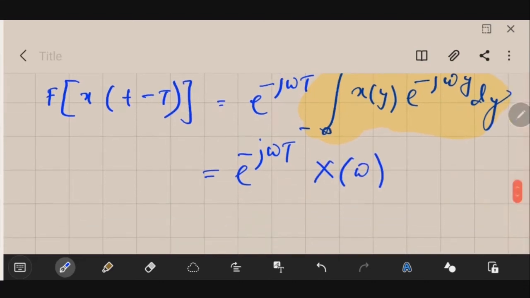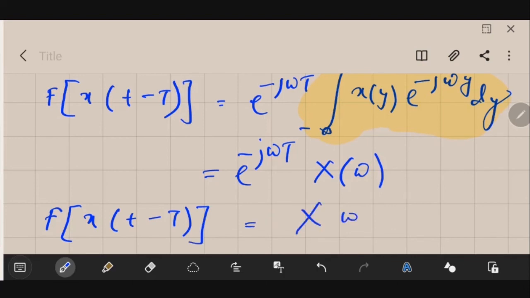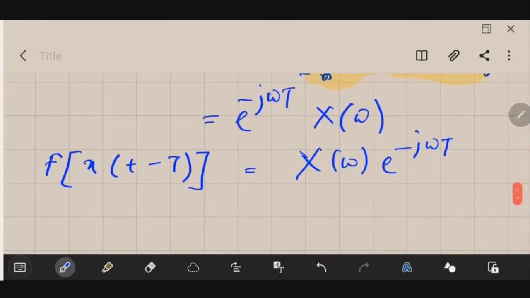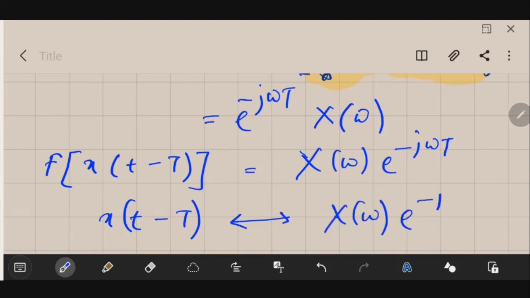So the Fourier transform of x of small t minus capital T is equal to capital X of omega multiplied with e to the power minus j omega capital T. Or we could also write that x of small t minus capital T, after the Fourier transform, is X of omega e to the power minus j omega capital T. This is the time shifting property of the Fourier transform.